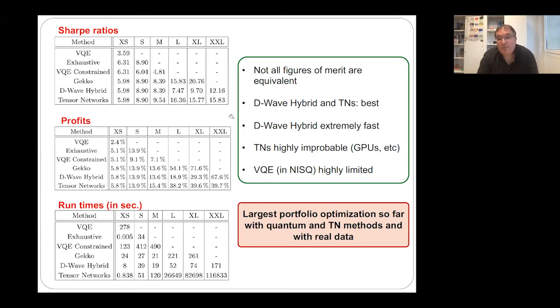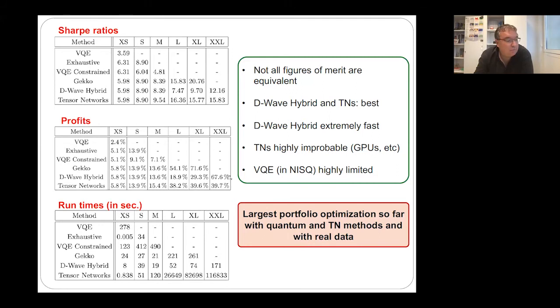Now, there are a number of things that must be said about these results because there is a lot of information in these tables. The first one is that not all figures of merit are equivalent. This is something that we noticed from our simulations. And this is an example. We want to optimize the returns, okay? Then, if you focus on the XXL dataset, you will say, well, D-Wave hybrid is doing fantastic, 67% of returns.